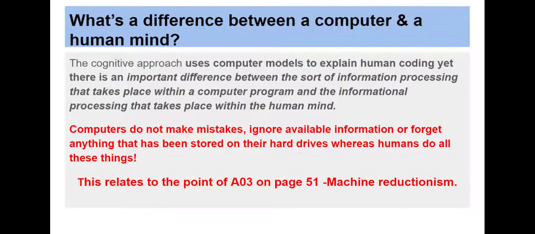Okay, and you will also find that that is on page 52 under the IDA evaluation points. It's the third one down, and that will help you understand machine reductionism, IDA, issues, debates, and alternative approaches. Okay, right, I'll leave you to do that, and you can pause this presentation and I'll push on to the next one.